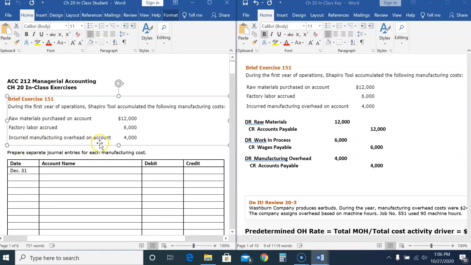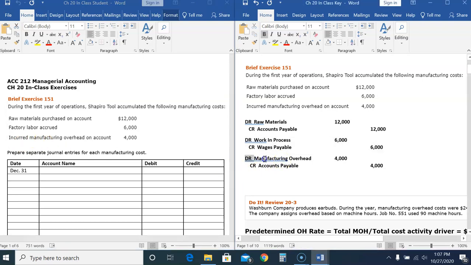Incurred manufacturing overhead on account. Incurred tells us that this is actual manufacturing overhead. So we will debit manufacturing overhead and credit accounts payable. Okay. So we're seeing some of the journal entries that are recording costs into those inventory accounts as we are working on them.